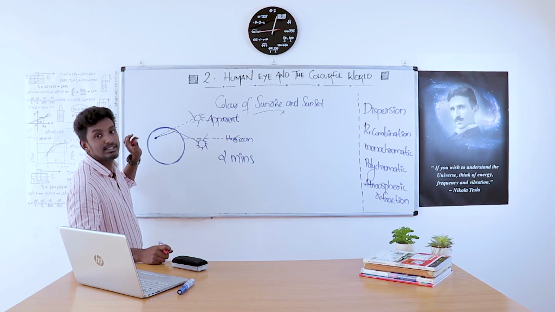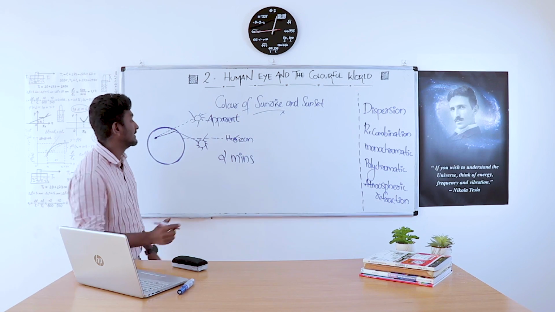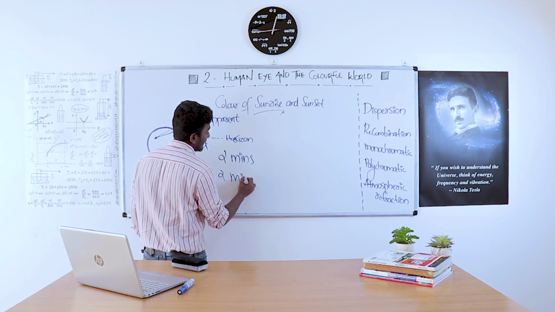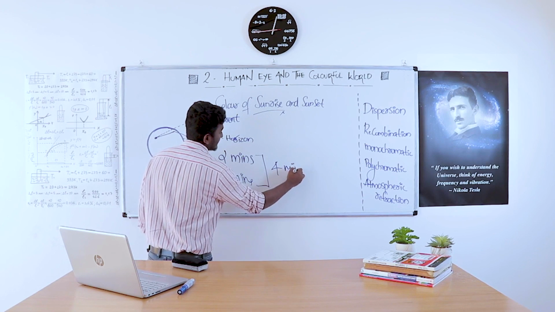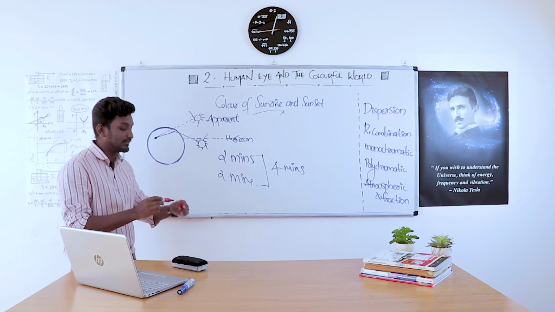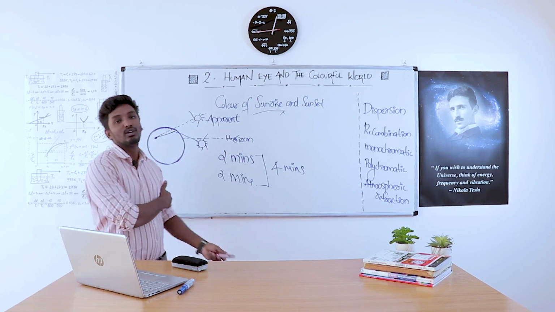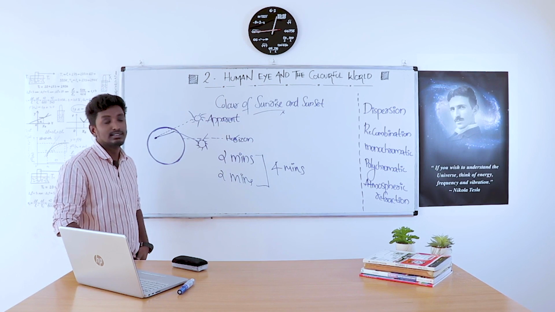That means after sunset happens, we can see the sun 2 minutes more. So 2 minutes in the morning and 2 minutes in the evening, so we are getting a total of 4 minutes extra in the daytime. This is what is called advanced sunrise and delayed sunset.